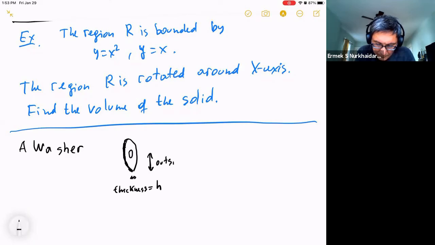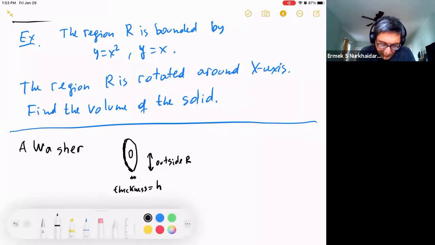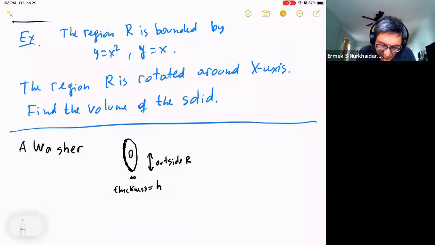Outside radius, R, big one, and also we'll have that small radius, the inner radius, little r. Okay. That's a washer.